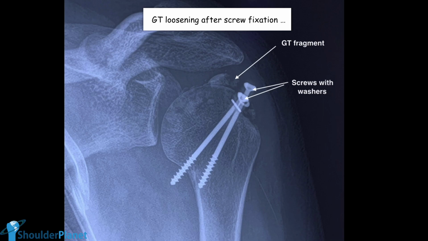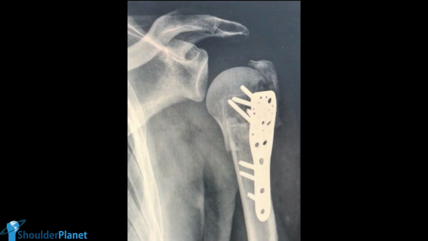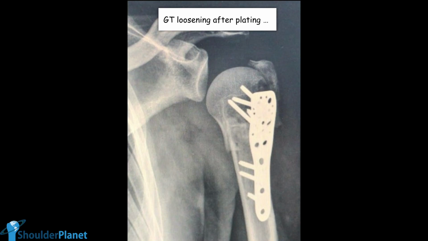And I have seen countless times these scenarios in my life. Here is another complex scenario in which someone has done a Philos plate in a proximal humerus fracture, and again total loosening of the greater tuberosity fixation, as we have seen here, which is a very, very difficult issue to fix.